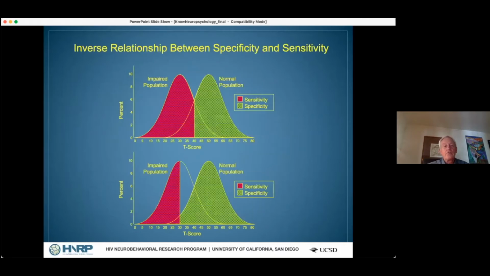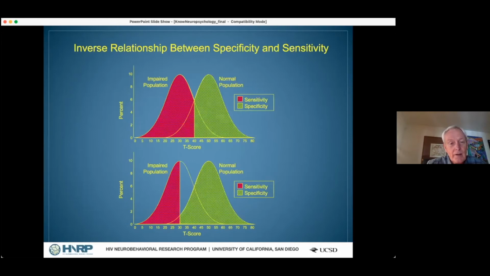This is a cartoon that shows that there's a trade-off between sensitivity and specificity, and that's partly because there's an overlap between people with no history of any kind of risk factor for neurocognitive impairment, in green here, and people who have documented brain lesions, in red. Again, this is a cartoon.